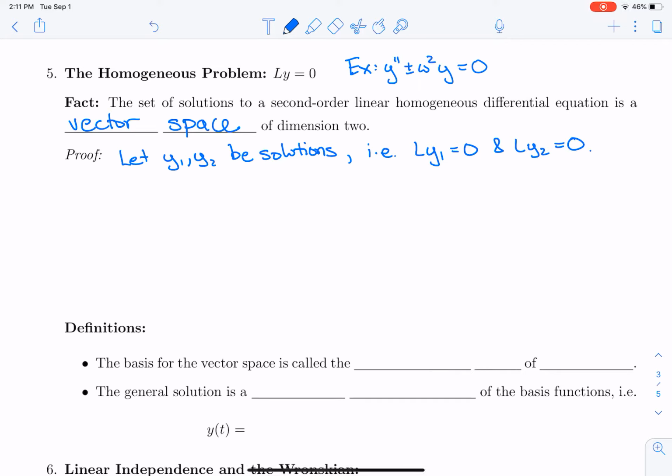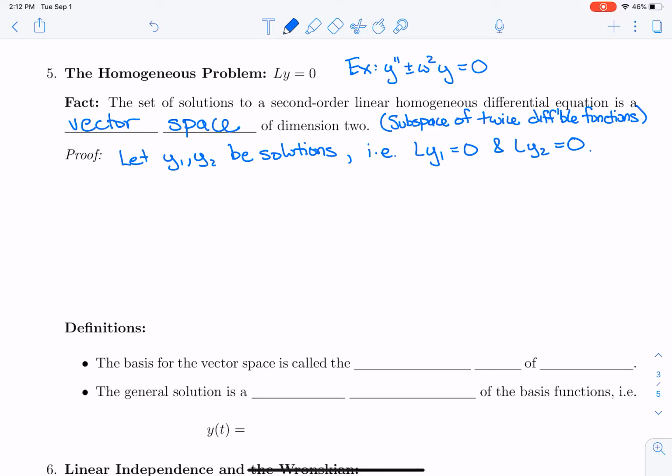And then what I want to do is show that the solutions to Ly equals 0 form a subspace. Okay, so we should mention that this is a subspace of twice differentiable functions. So you probably showed in a linear algebra class that twice differentiable functions form a vector space, or that just functions in general can form a vector space.